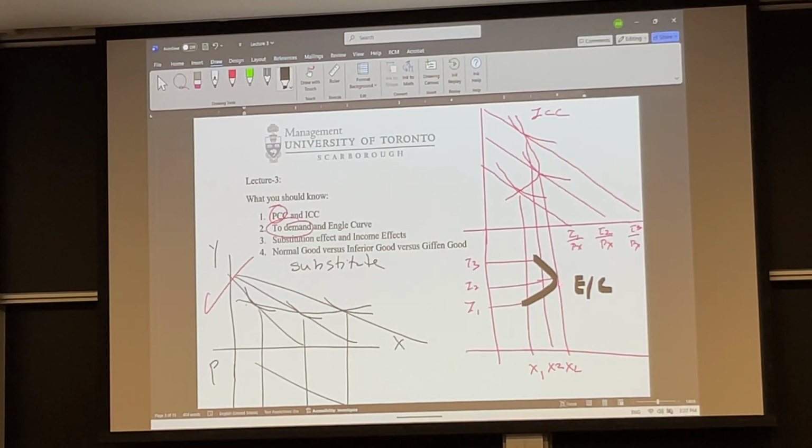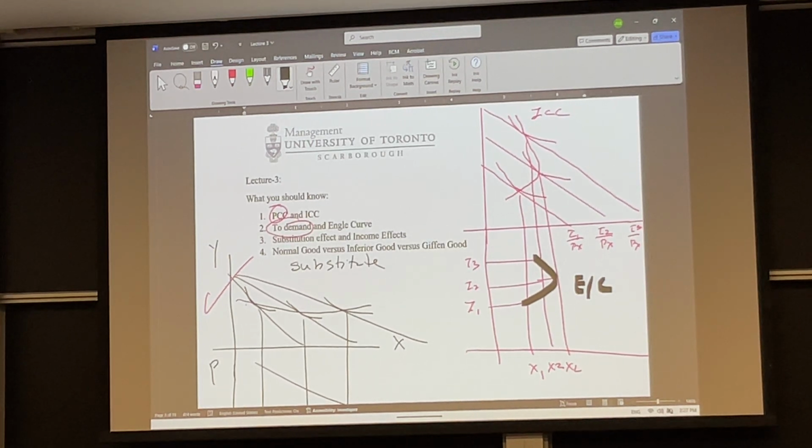Then it consumes less. Why? Because the individual views X initially as normal, then he views it as inferior. So the Engel curve tells you whether the good is normal or inferior. Upward rising is normal. Downward sloping is inferior.